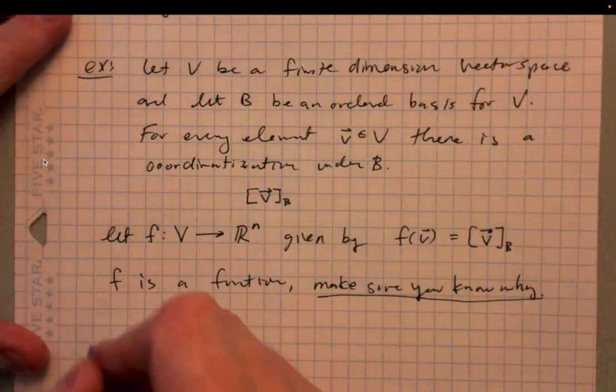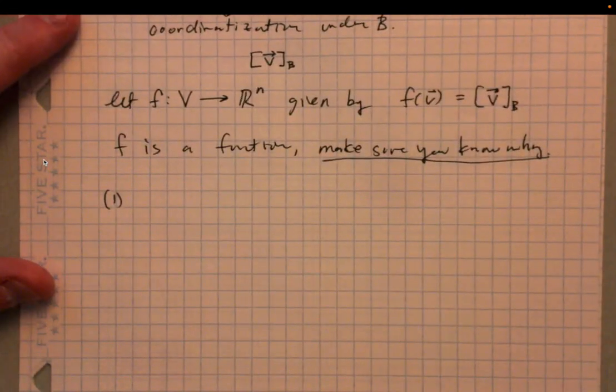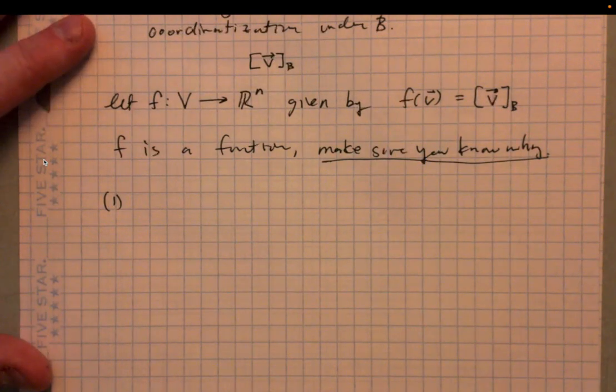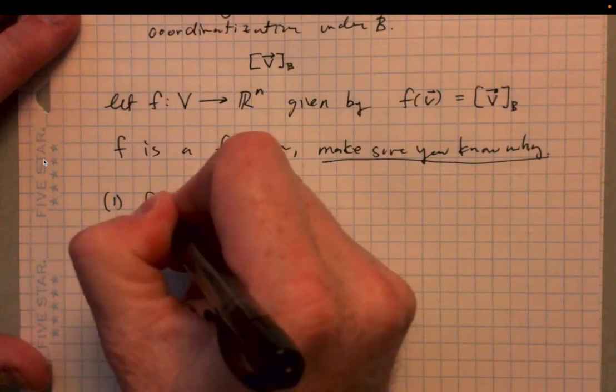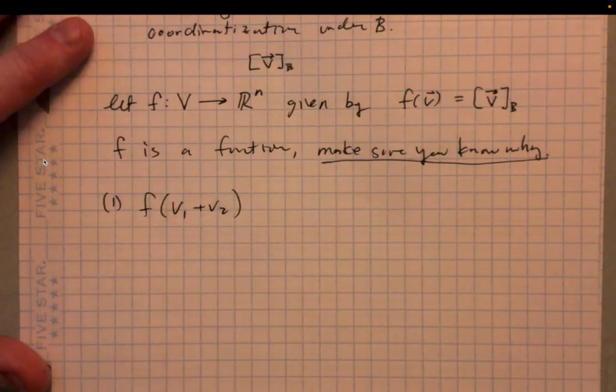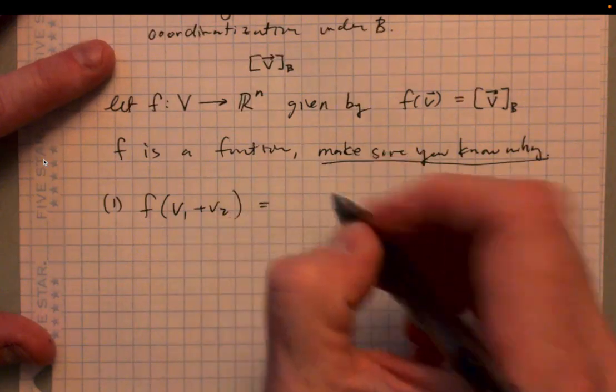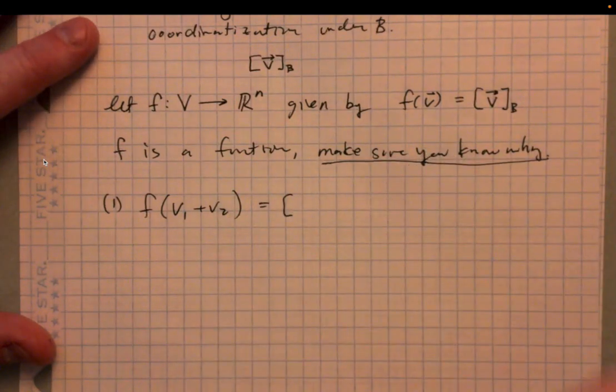But is it a linear transformation? Let's see. So the first thing is we've got to prove the vector addition. So we'll consider f of v1 plus v2. Obviously v1 and v2 are vectors in V. And so when we apply f to that, basically we're going to coordinatize that sum. Right?